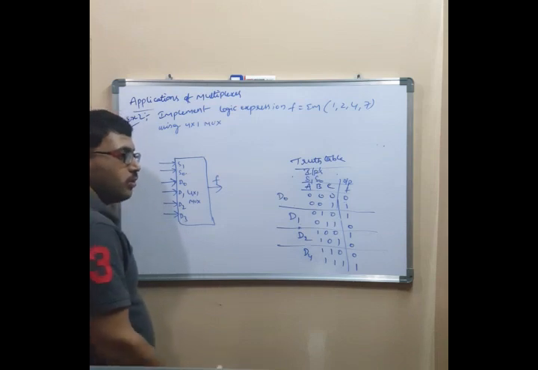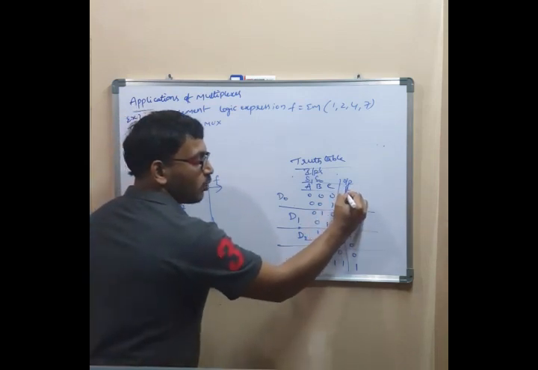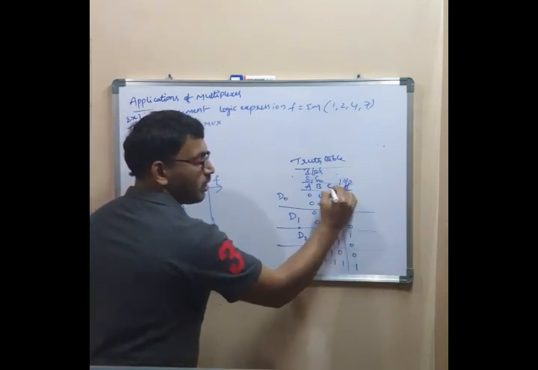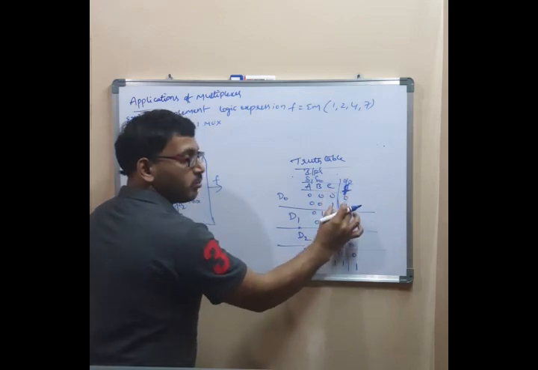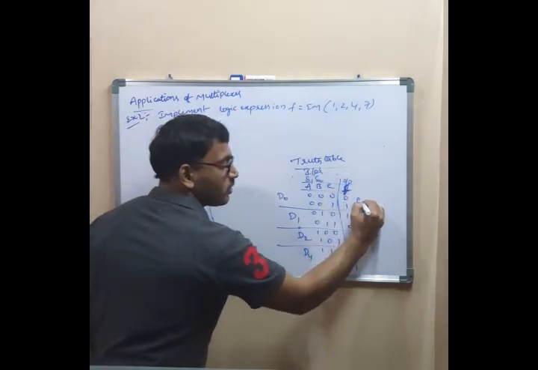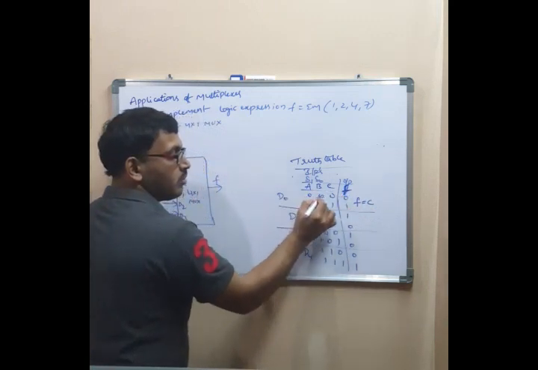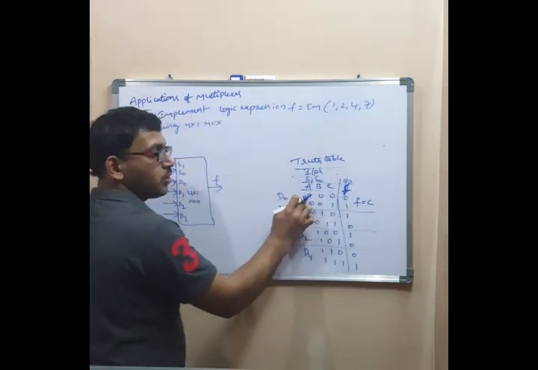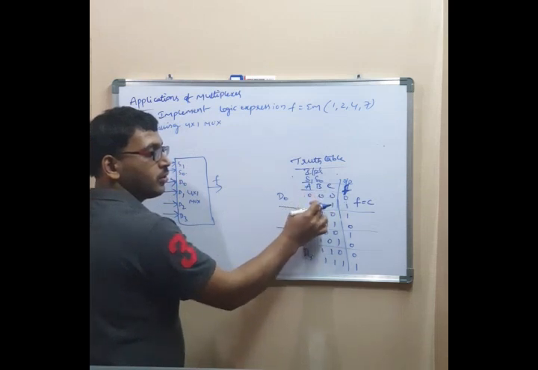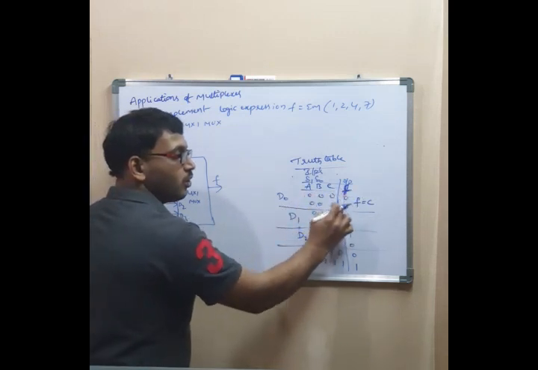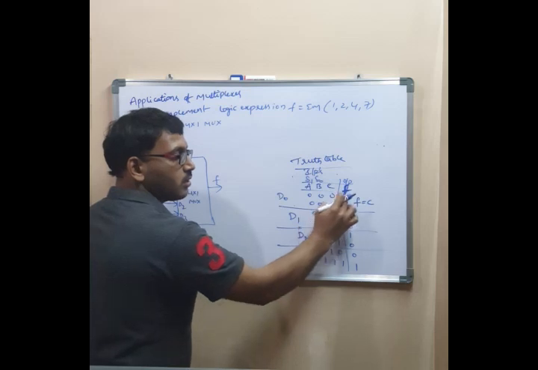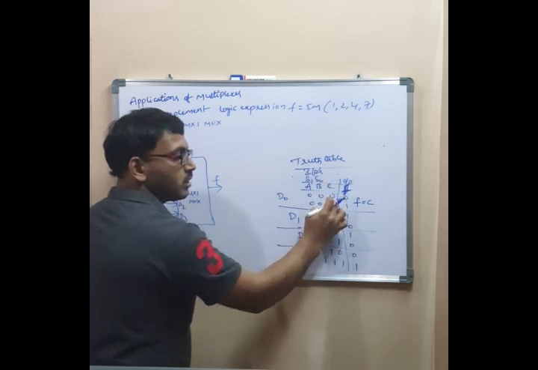Now what I will do here is, by looking at the output and this variable C, if both are the same, I will write F is equal to C. For this combination, F and C are the same. For the combination AB is equal to 0, 0, F is equal to C, right? F is having 0, 1, C is having 0, 1.